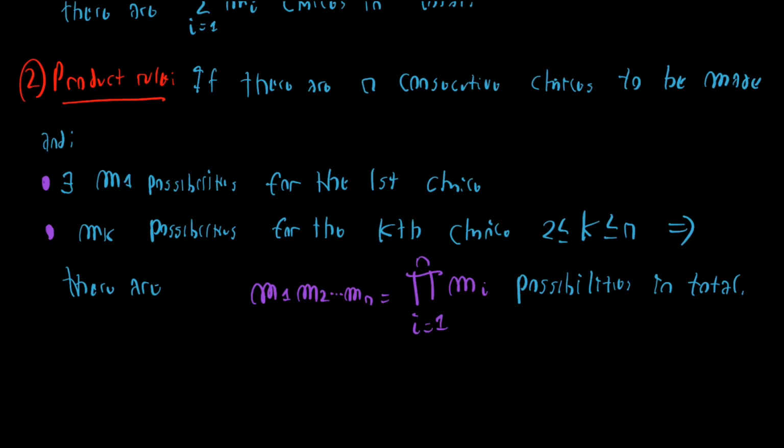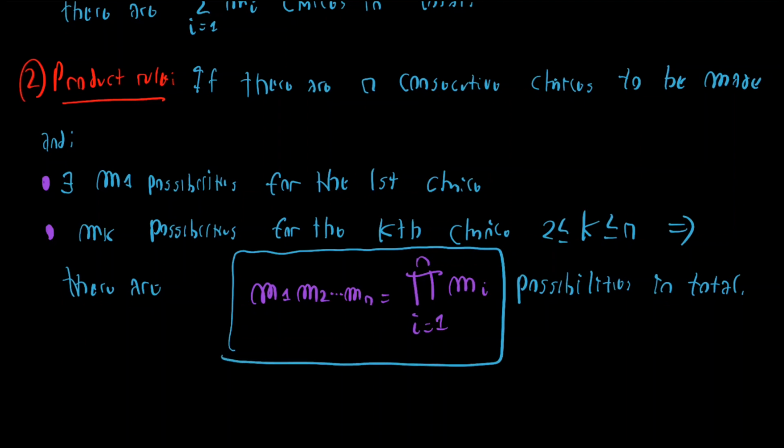We mean that for the second choice we have m2 possibilities, for the third one we have m3 possibilities, and so on. And we're supposing here that, of course, the number of possibilities does not change. In other words, it is not impacted by the choices we made before. Then the total number of possibilities is the following. In other words, it's the product of all the possibilities, m1, m2, up to mn.